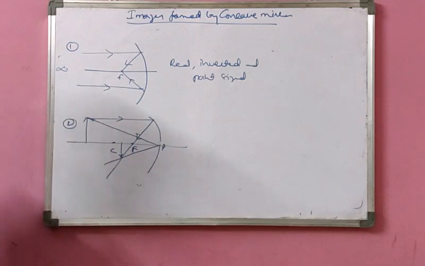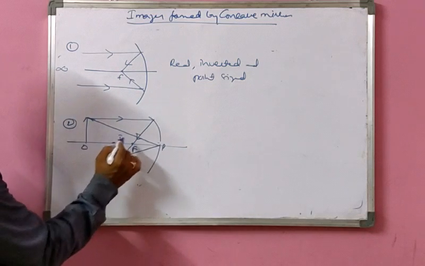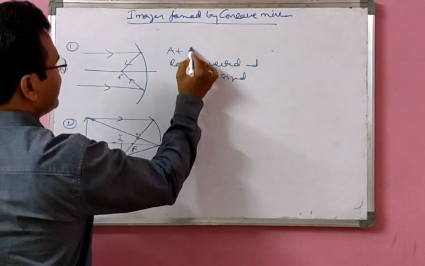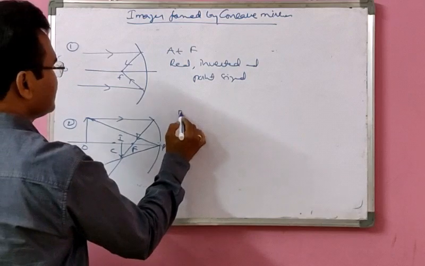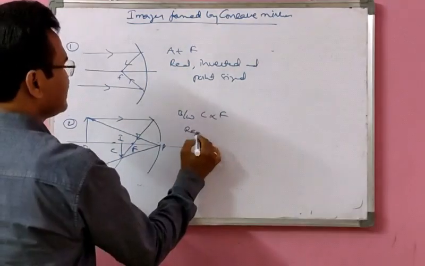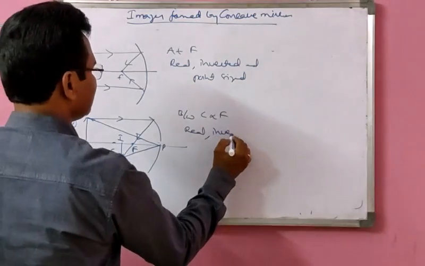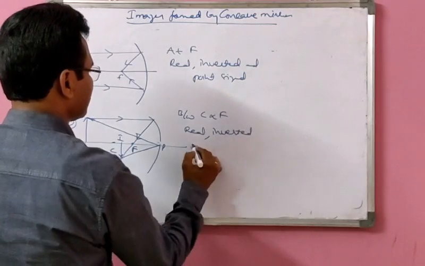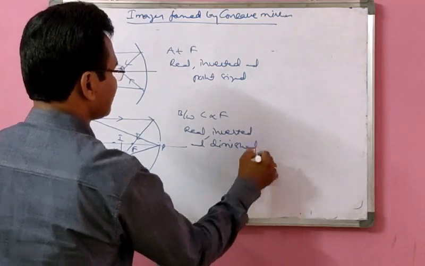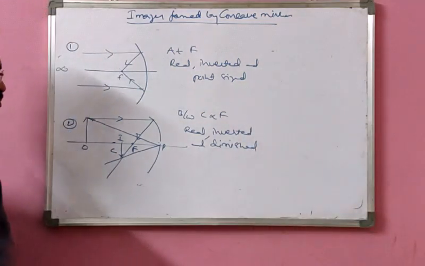This is the object. This is the image. So where is it formed? It is formed between C and F. It is real, inverted, and diminished, meaning small in size.